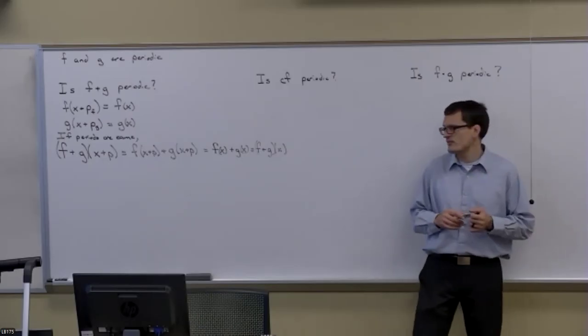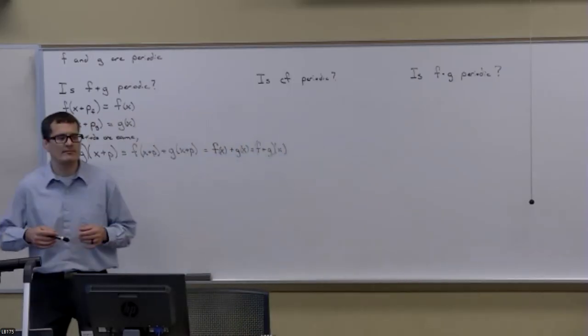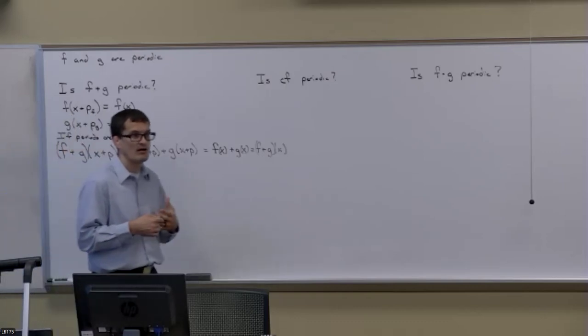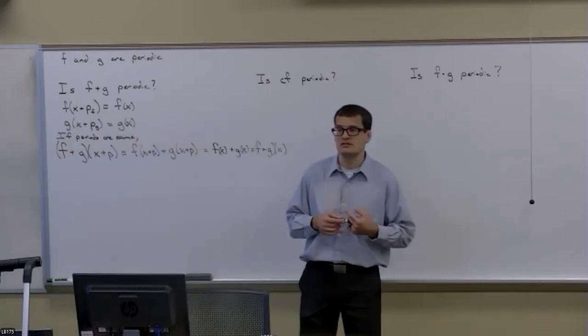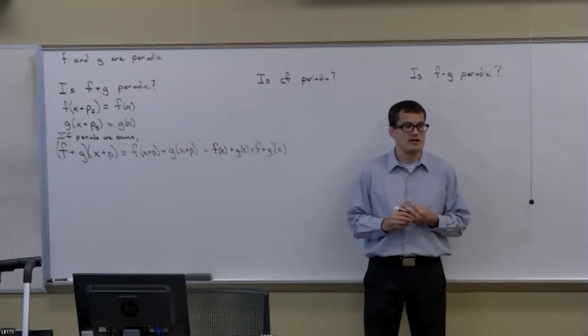If periods aren't the same, like I said, then it gets a little bit more complicated. Imagine one period is 3 and the other is 4.8. In that case, I could create a period that works. In fact, let's do this.